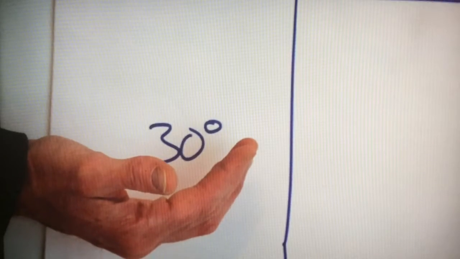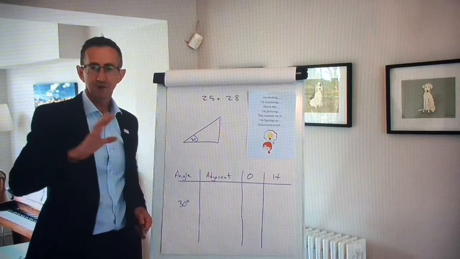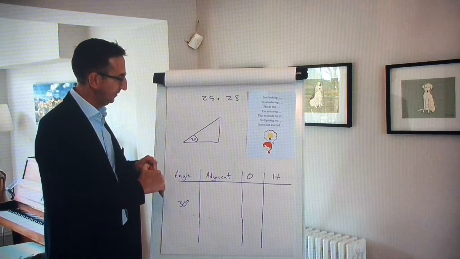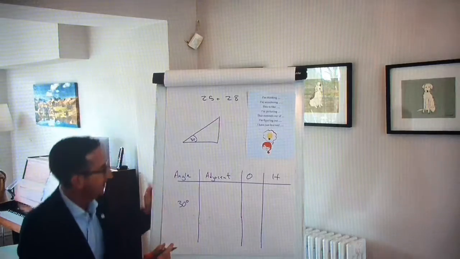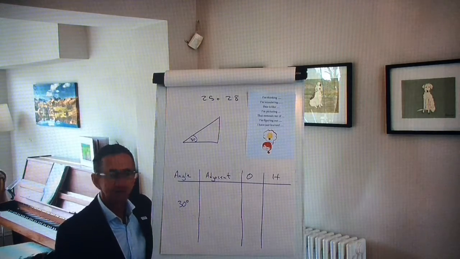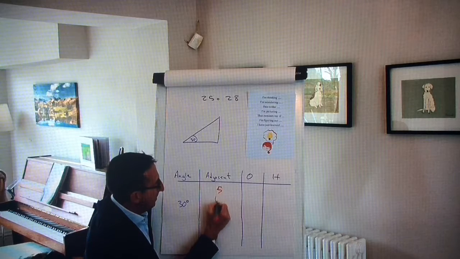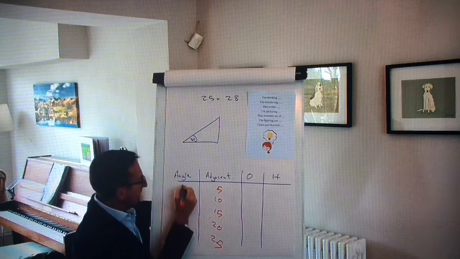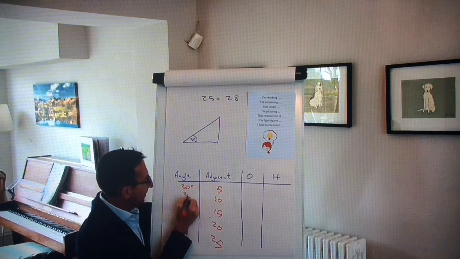So one way of starting this lesson could be to give each pair a piece of paper with an angle of 30 degrees, but give them a different length adjacent, and they don't know this. So you could say 5, 10, 15, 20, 25, but they've actually all got 30 degrees.